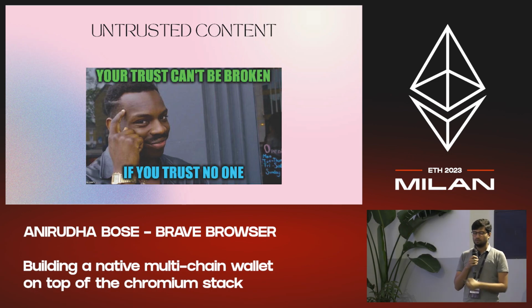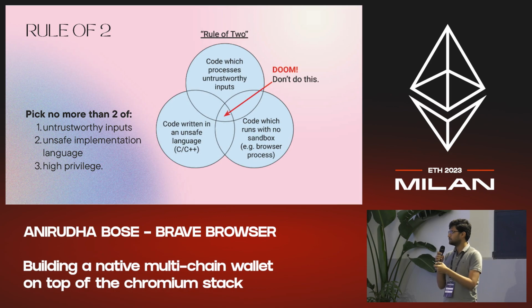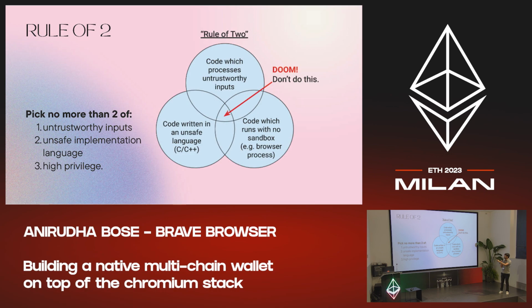So we have a solution for that at Brave. So what we do at Brave is we follow something that we call a rule of two. Rule of two says that it's just a security hygiene. That's it. The rule says you can pick no more than two of three things.